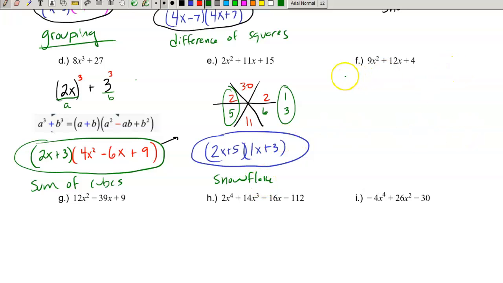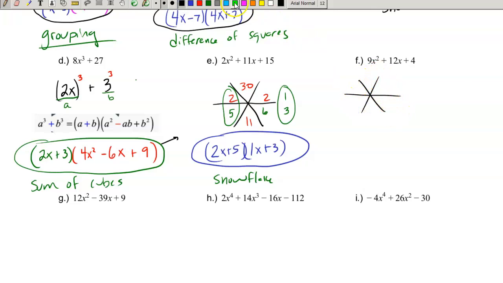All right, last one, or not the last one, but F, at least for this video, we have 9x squared plus 12x plus 4. Again, this one looks like you can definitely use snowflake. So we're going to go ahead and use snowflake here.